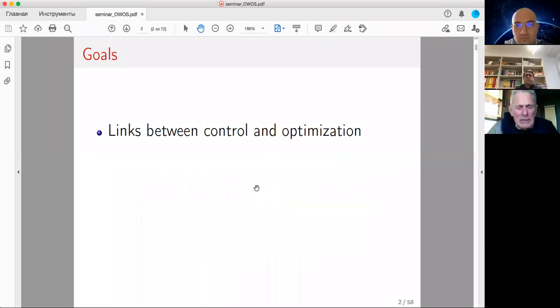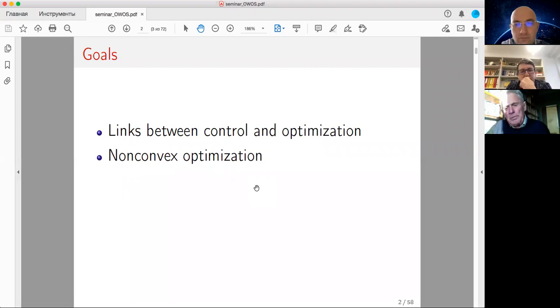So what are the goals of my talk now? First of all, to demonstrate some close links between control and optimization, and to demonstrate some novel problems arising in this connection, and these problems are pretty non-standard.